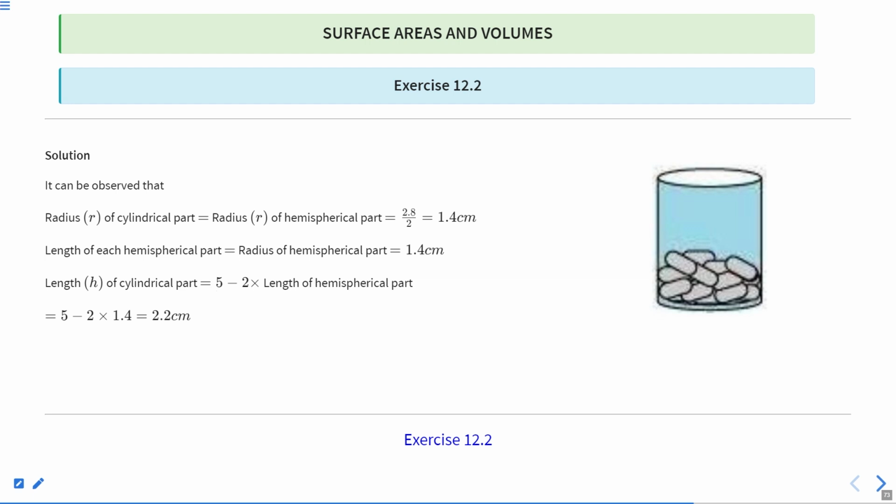We found the length of the hemispherical part is 1.4, so the length of the cylindrical part is 5 minus 2 times 1.4, which is equal to 2.2 centimeter. So the length of the cylindrical part is 2.2 centimeter and the length of the hemispherical part is 1.4 centimeter.